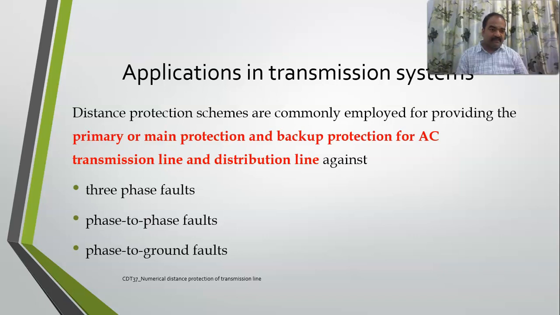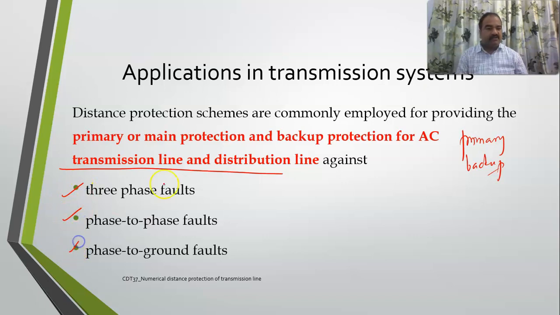Now, particularly in three-phase systems, if you are still employing conventional or analog distance relays, they can be employed for primary protection and also for backup protection. They are used for protection of transmission lines and distribution lines, particularly against three-phase faults, phase-to-phase faults, and phase-to-ground faults: triple L, triple LG, double L, and so on.